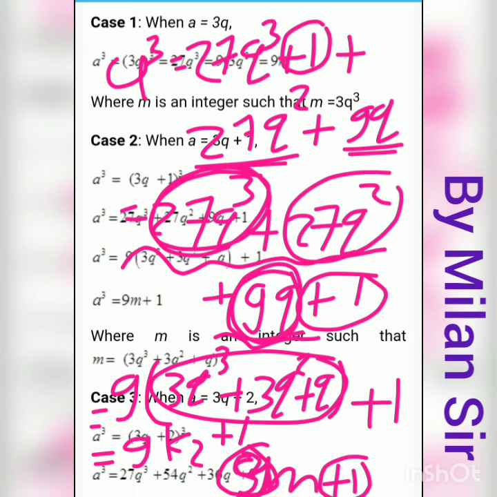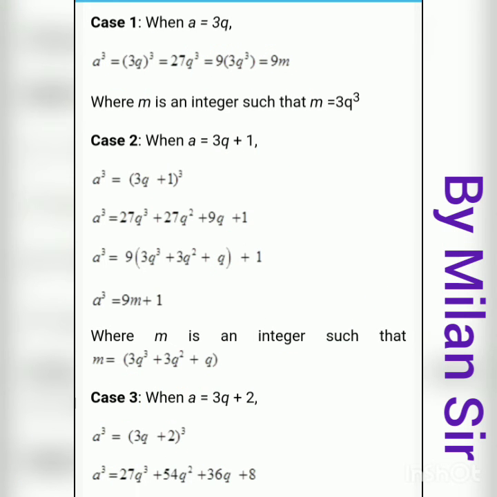Again I repeat this thing, (3q plus 1) all cube. So first term cube, it's 27q cube. Then 3a square b, it's 27q square, then 3ab square, it is 9q, and b cube, it is 1.